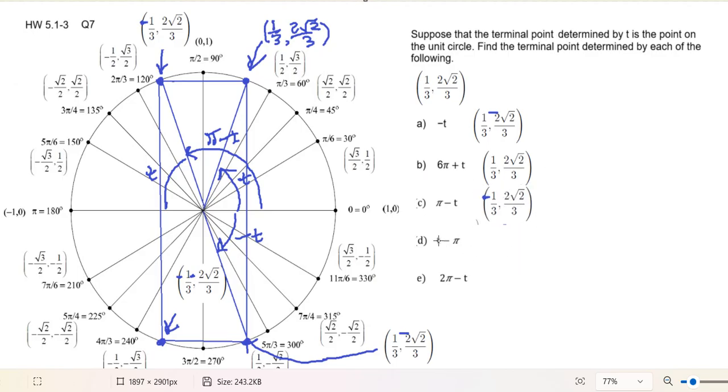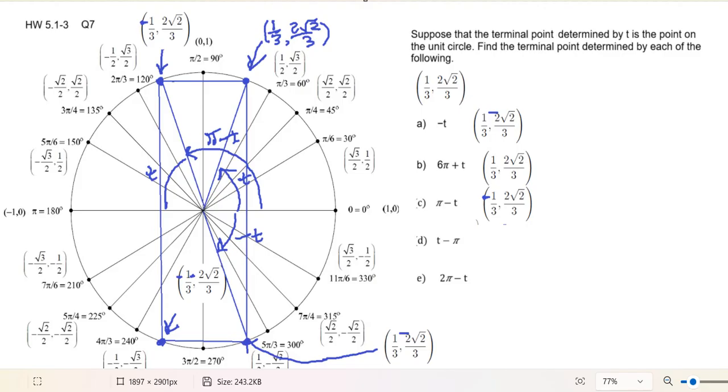So let's bring that guy down. And then what about t minus pi? Okay, so t, subtract off 180 degrees. So this is saying start at t here, which is this angle right here. But then we're going to subtract 180 degrees. 180 degrees is halfway around the circle.